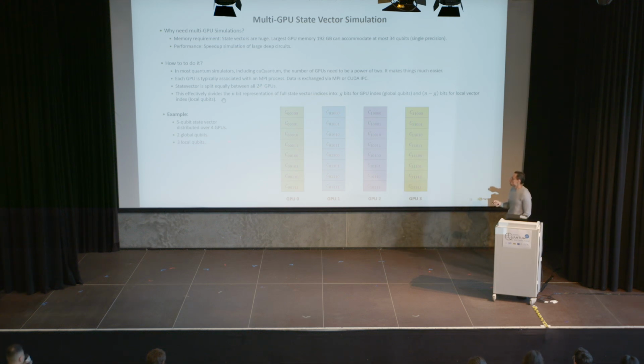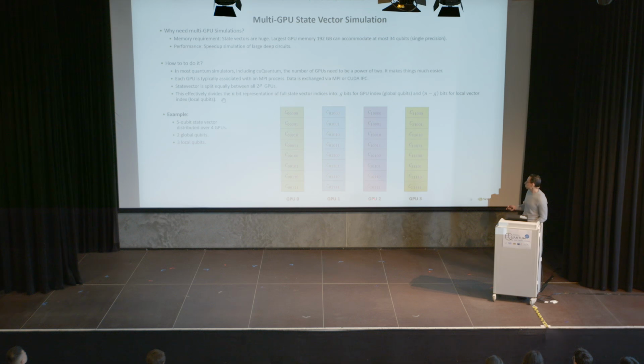Here's an example of a 5-qubit state vector divided among 4 GPUs. In this case, since we have 4 GPUs, we'll have 2 global bits, which is the binary logarithm of the number of GPUs, and the rest will be local qubits. Notice how GPU 0 holds all the amplitudes whose top 2 bits, the global bits, are 0, 0, because that's the binary representation of the GPU index 0.